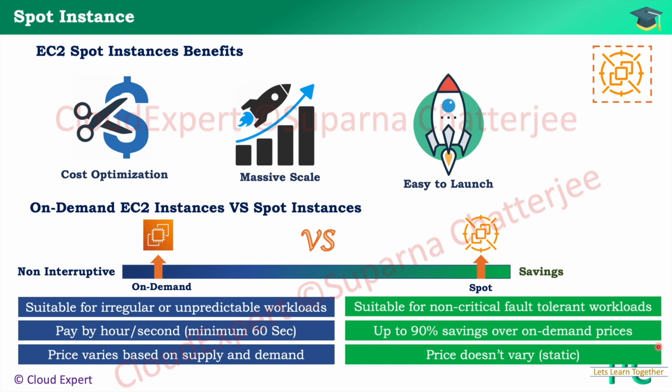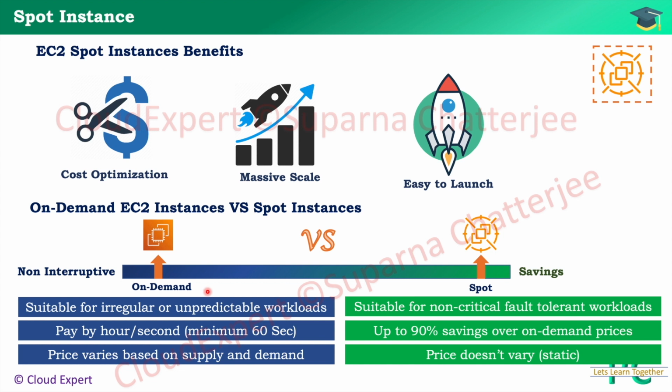Now let's compare both the instances. As I mentioned, on-demand is suitable for irregular or unpredictable workloads, whereas spot is suitable for non-critical, fault-tolerant workloads. On-demand, you pay by hour or second, with a minimum of 60 seconds for Linux, 60 minutes or 1 hour for Windows.